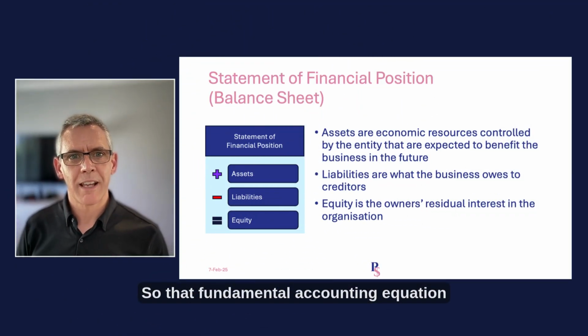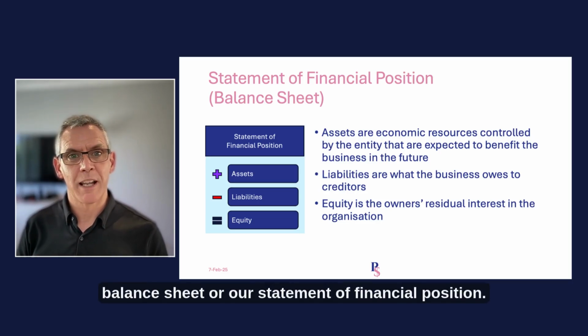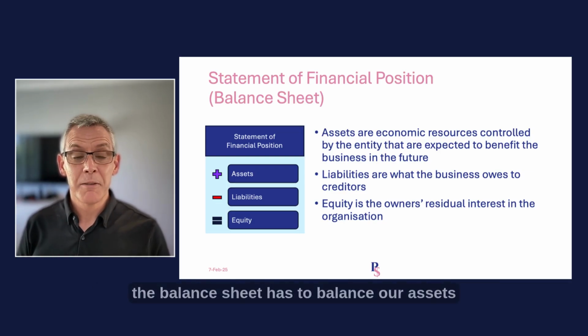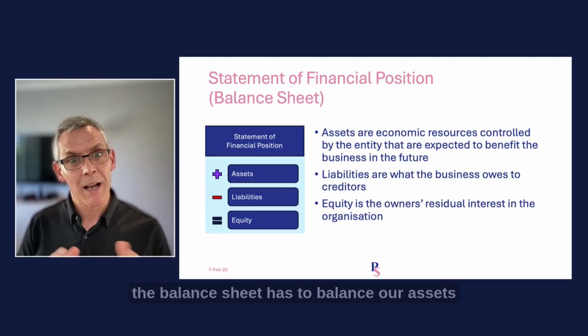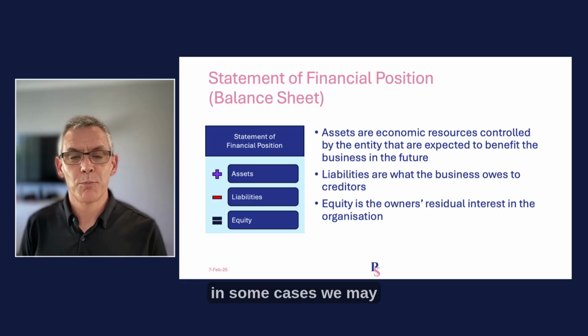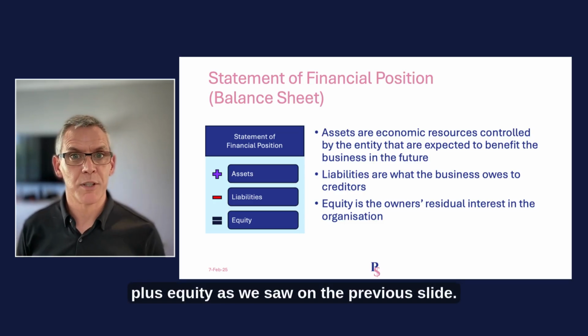So that fundamental accounting equation also leads us into the balance sheet, or our statement of financial position. Now, I often start with the term balance sheet because the balance sheet has to balance: our assets minus liabilities equals equity. Or in some cases, we may be referring to it as assets equals liabilities plus equity, as we saw on the previous slide.